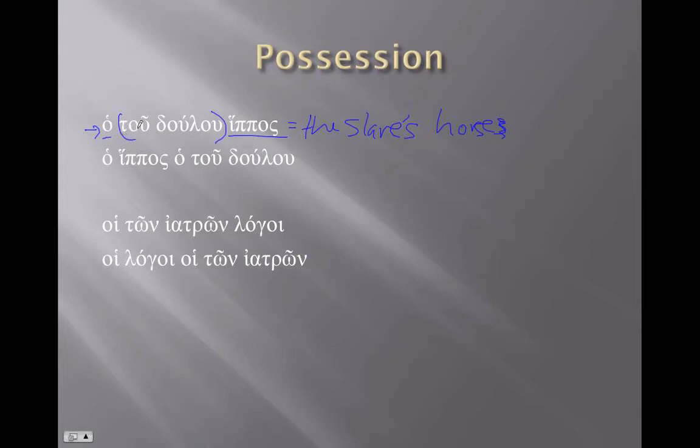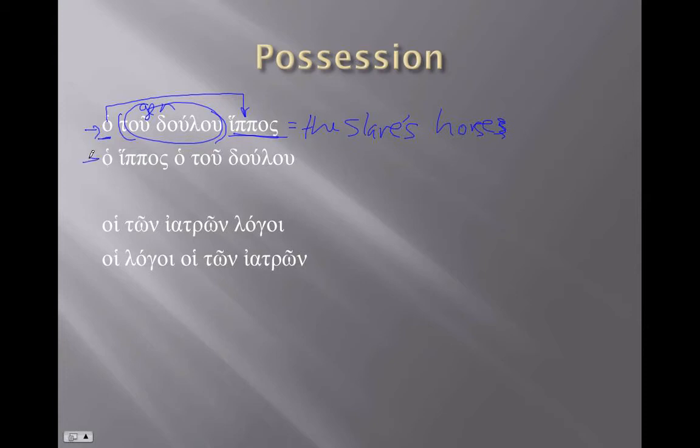You notice the genitive of possession is sandwiched between the article and the noun that it's modifying. This is pretty cool in terms of word order. So you know that the main idea, what we're really talking about, is the hippos, the horse, ho hippos. And everything that happens in between there is modifying it. That is, it's the slave's horse.